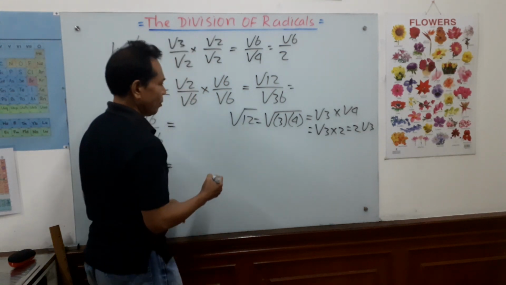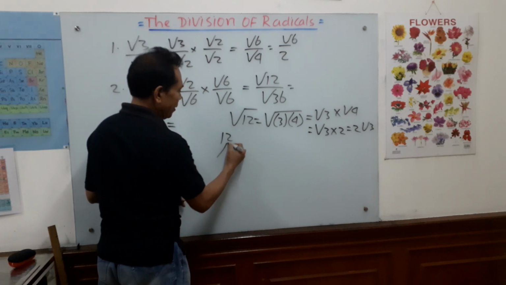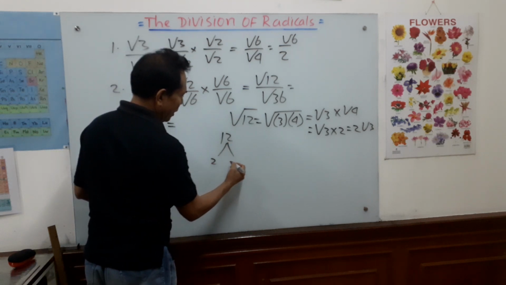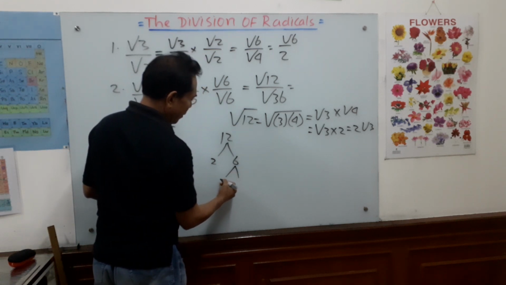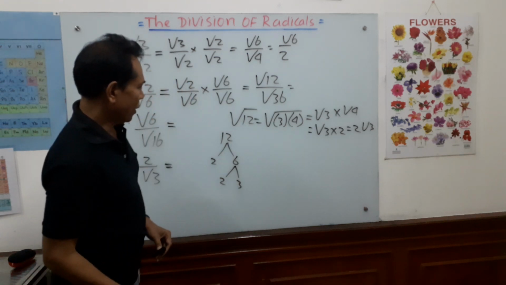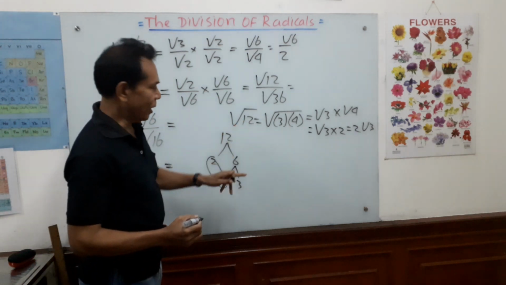Now, let's use a factor tree to see if we can find the same answer. So 12 here, we have 2 here, we have 6, all right? And then we have 2, we have 3. Now we take this together. Remember, this 12 is under the square root, okay?